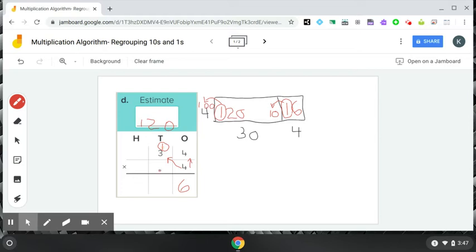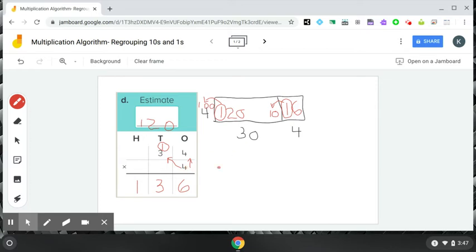And 130 is 13 tens, but here's that 100 that came over here. So when we take a look at doing our algorithm, we need to remember we're starting here in the ones place.